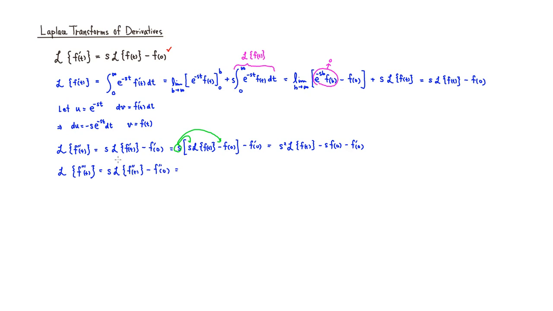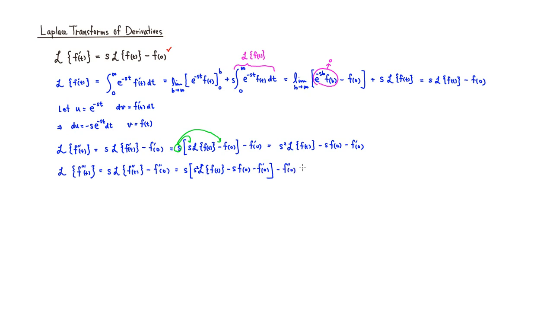So you get s times s squared Laplace transform of f of t minus s times f of 0 minus f prime of 0, then you subtract f double prime of 0.